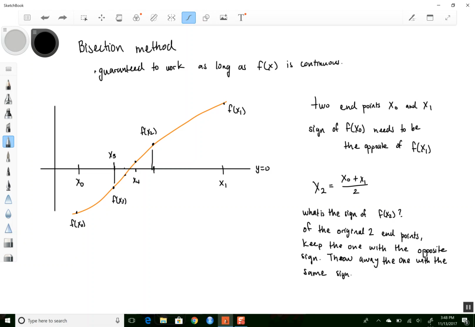You'll have an XL for an X left, and an XR for an X right, and then an XM for a midpoint, and then you'll do a check to see if you should keep the midpoint and the left point, or the midpoint and the right point. So we'll have bisection.